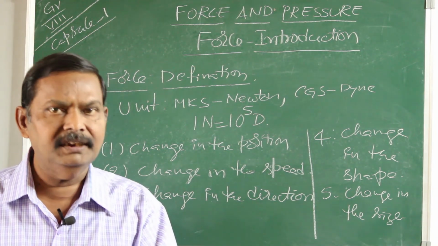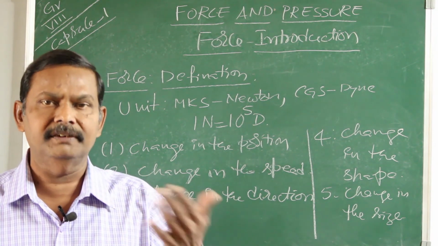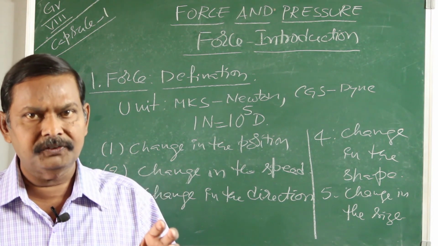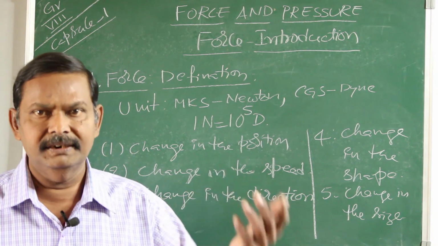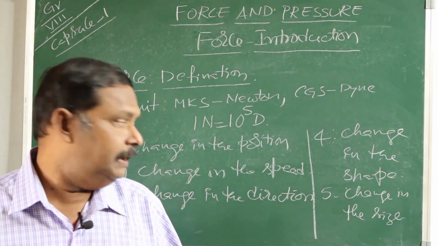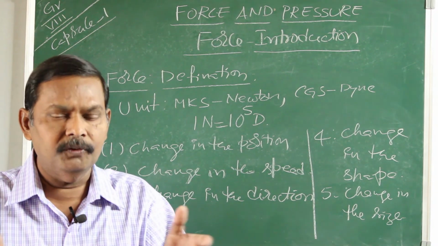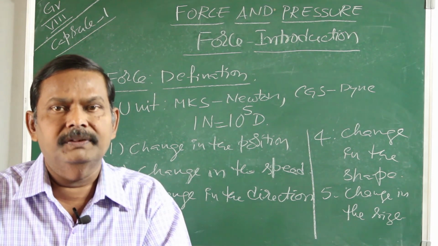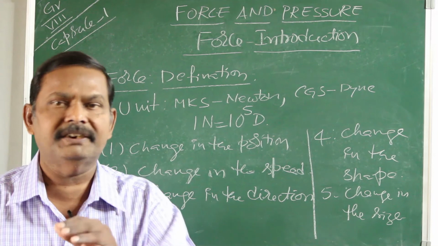If you squeeze the sponge sheet, you can see the shape of the sponge sheet is altered. So on applying some external force on the sheet of sponge, we can notice some change in its shape as well as size. The size is decreased. If you apply more force on the sponge sheet, the size will decrease. So this is an example for change in the size of the object on applying some external force.